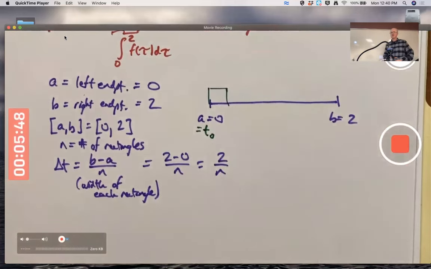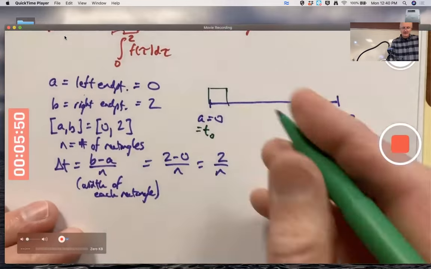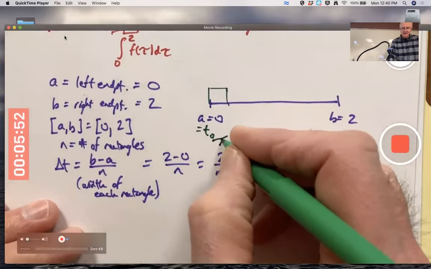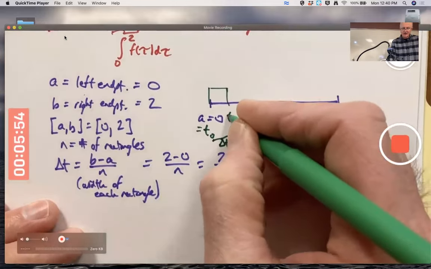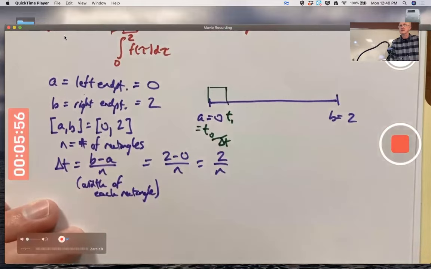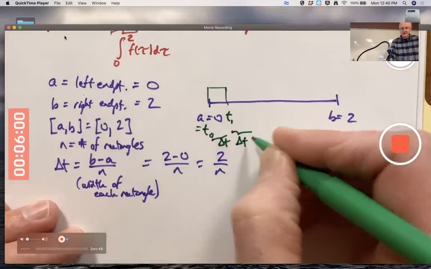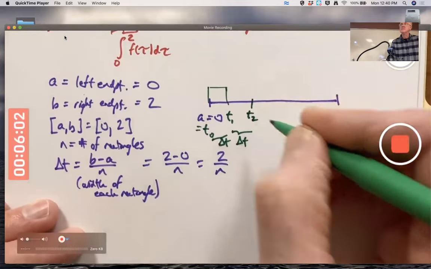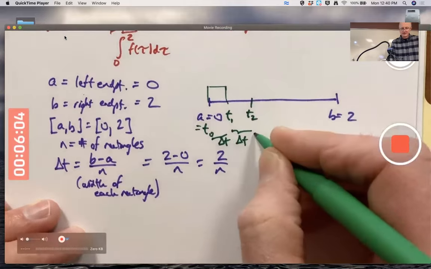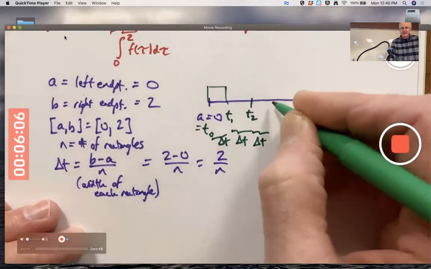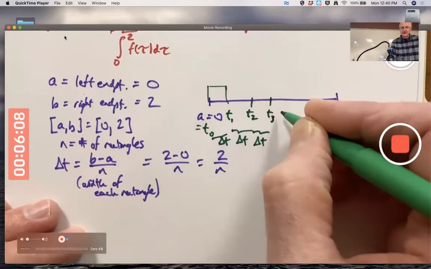It's the starting position, so to speak. Then I'm going to go delta t units to the right, and I'll be at the point I'll call t sub 1. Then go delta t units to the right from that one and be at the point I'll call t sub 2. Delta t units to the right of that one, and I'll be at a point that I'm going to call t sub 3, etc.